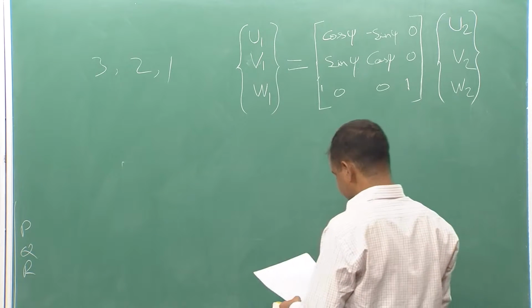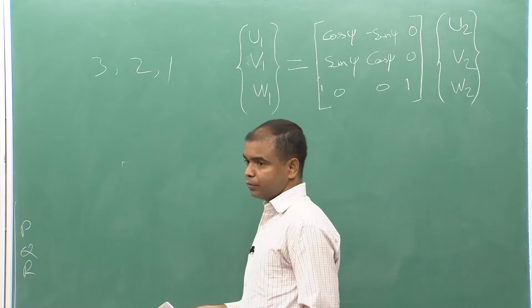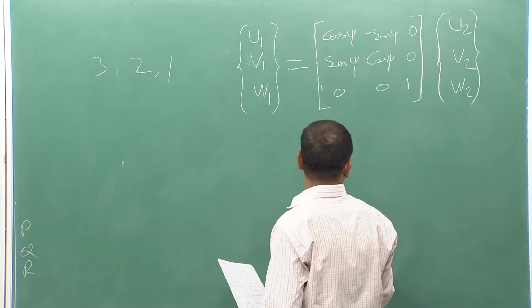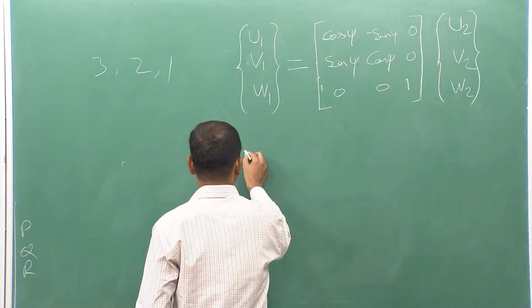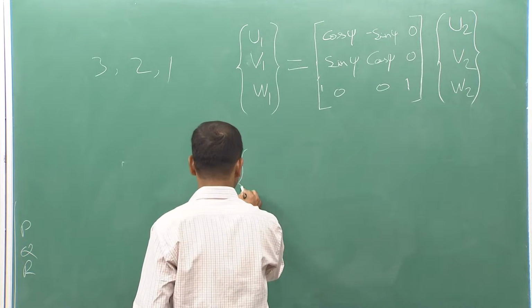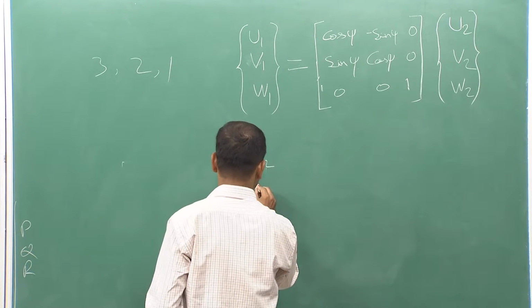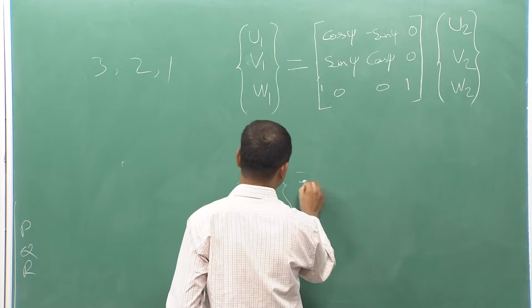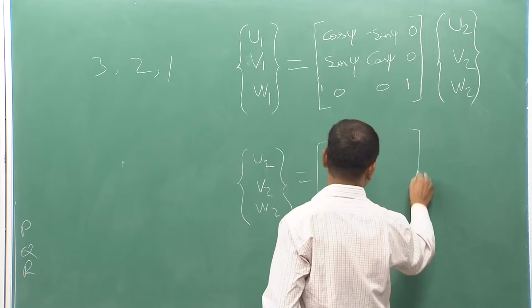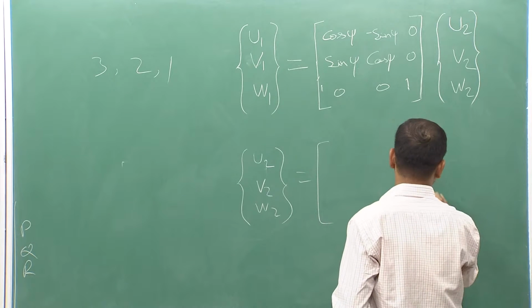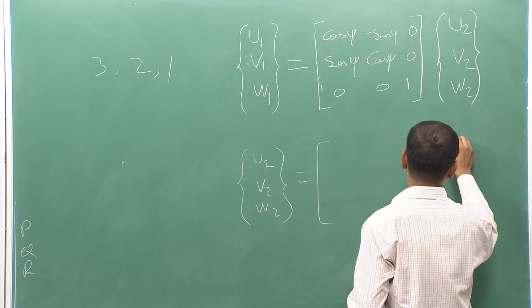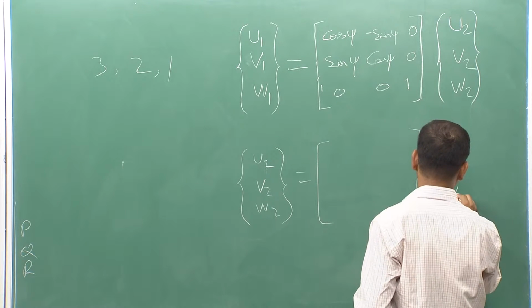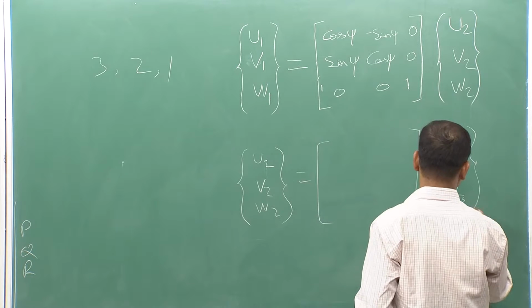And for the second rotation we rotate about the new y axis, and using that rotation you can get from u2, v2, w2 to u3, v3 and w3.